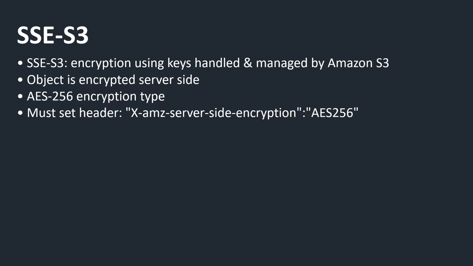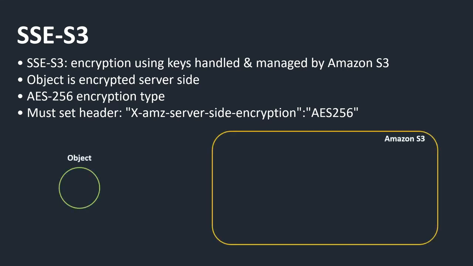So let's have a look. We have an object and it is unencrypted. We want to upload it into Amazon S3 and perform some SSE-S3 encryption. So for this, we are going to upload the object onto Amazon S3.